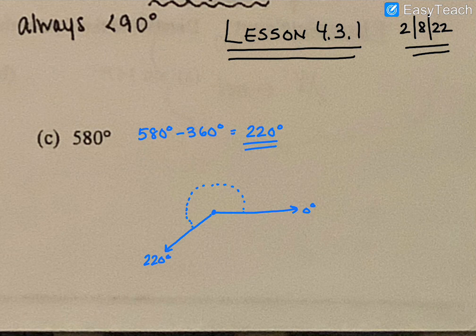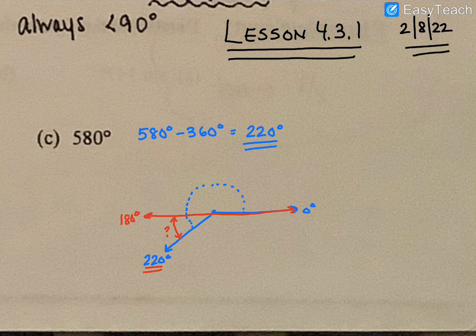Now, as we try to find the reference angle, how far is this 220 from the x-axis? If you extend the x-axis, we are trying to find how far 220 degrees is from the left side of the x-axis. Keep in mind, the left side of the x-axis is 180 degrees.